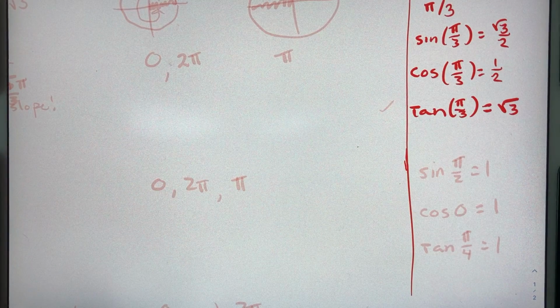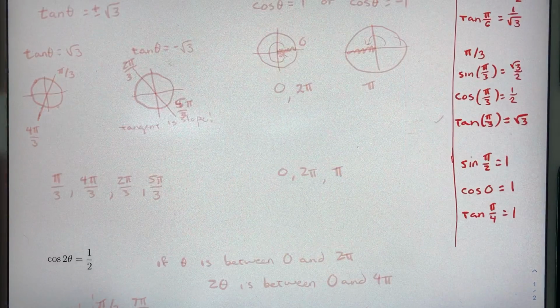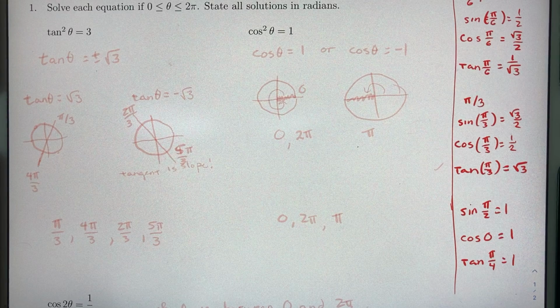Other special angles: some things to note: sine of pi over 2 is 1, cosine of 0 is 1, and tangent of pi over 4 is 1. And then we have to go into other quadrants sometimes, but those are the basic ideas that we're going to be looking at.